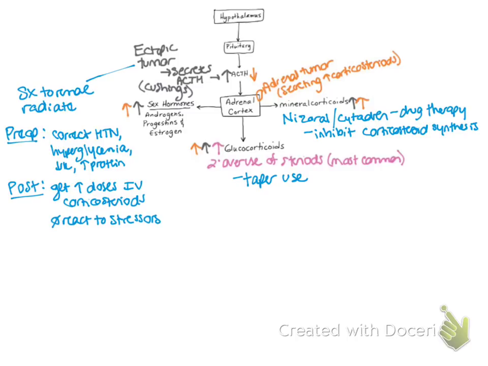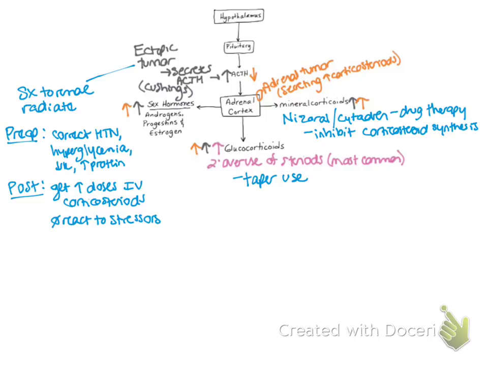We have to be very careful about reaction to stressors because, remember, part of what cortisol does is suppress the immune system. So we have to be careful because they won't really be able to react to stressors or infection as well.